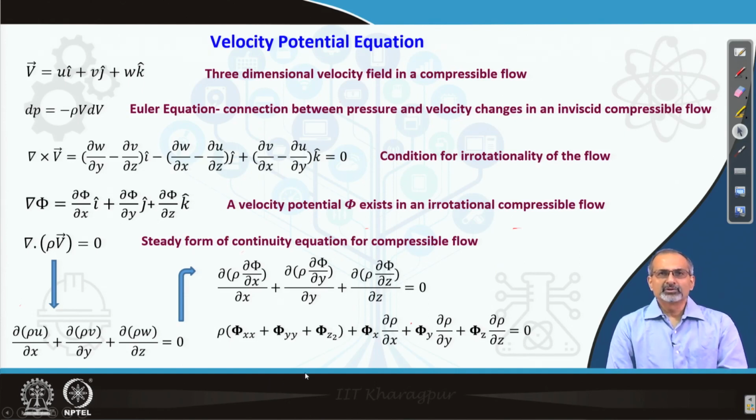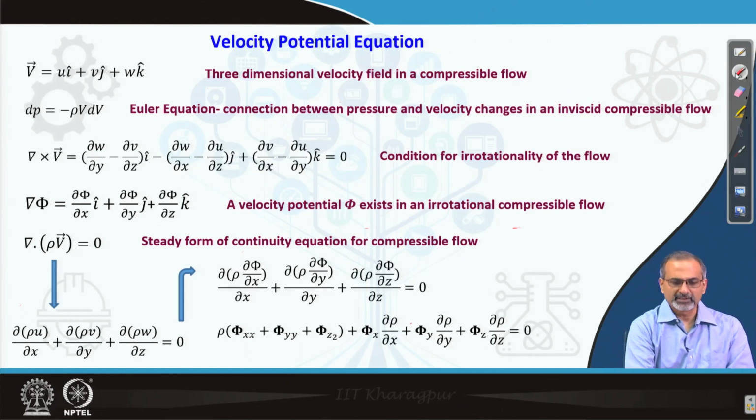And then, when we try deriving the velocity potential equation, we impose the constraint that the flow has to be irrotational. The condition for irrotationality of the flow comes from the curl of the velocity vector. Curl V is given by the three terms in the bracketed form that we can see over here.